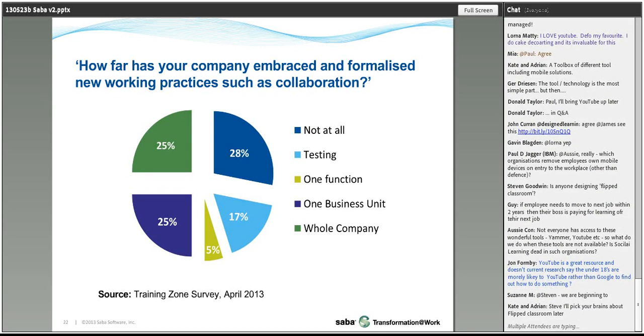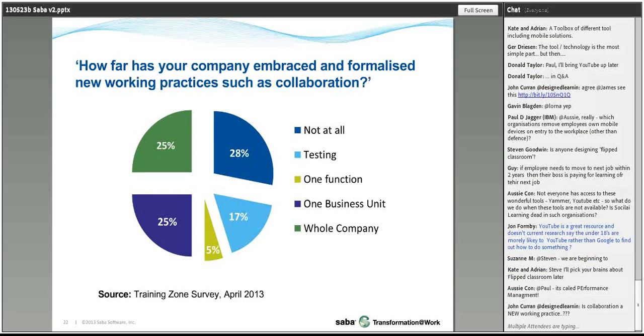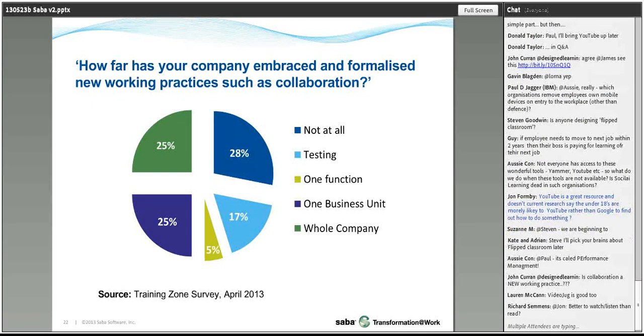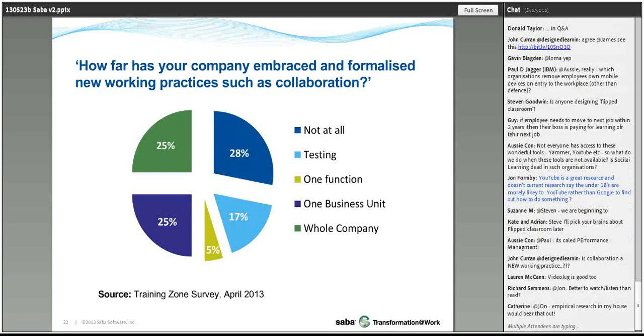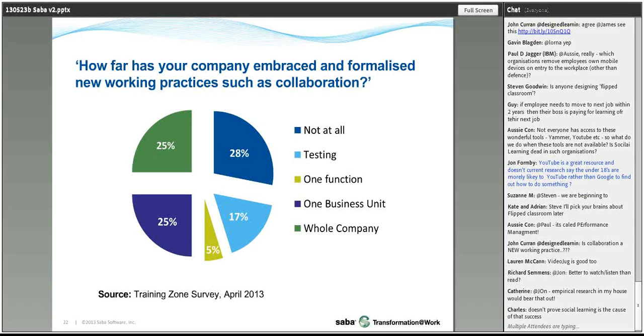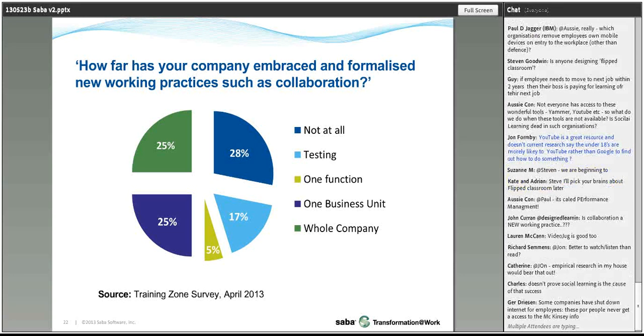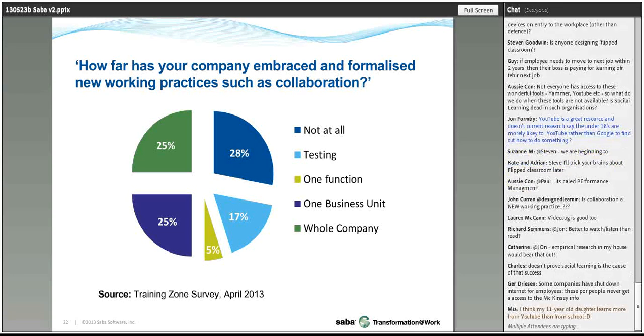But what it said to us is that basically 75% of all the companies that were surveyed had yet to really deploy and take advantage of working practices such as collaboration using social technology. And that doesn't surprise us because it is a tricky area from what we've seen.